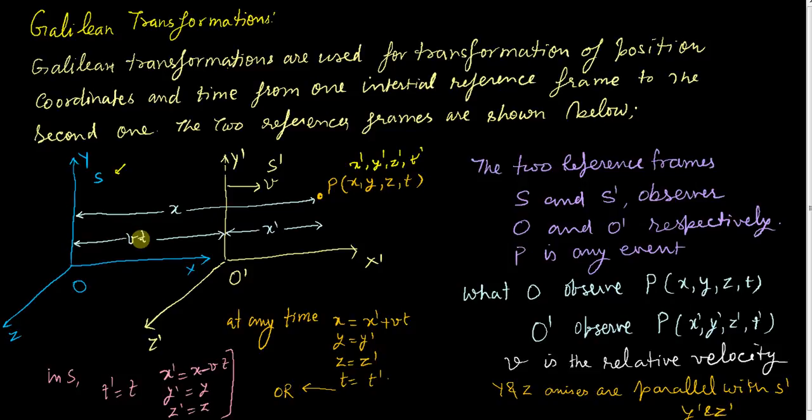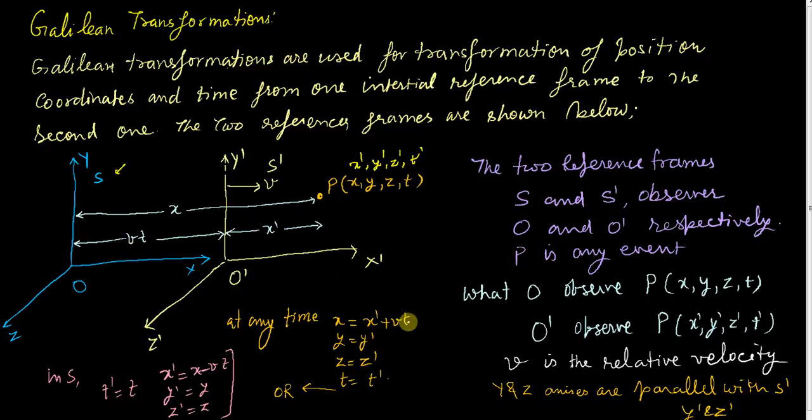At any time t, you know this is the relative velocity, that is constant. So at any time t, the distance between O and O prime will be vt. So these are some assumptions.